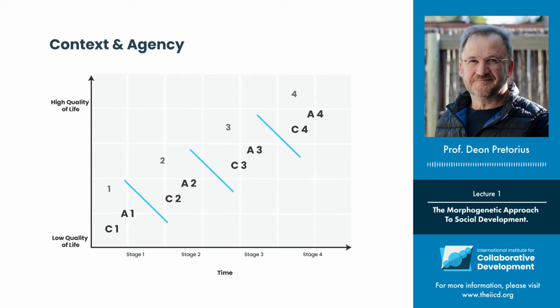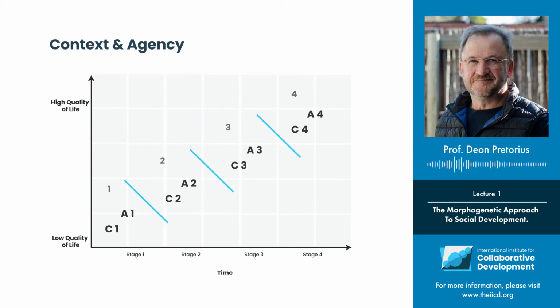If one presents this graphically, one can present it by way of a sequence of context and agency relationships, one following after the other, in which, for instance, C1 and A1 result in C2 and A2. These stages are not neat, linear, and predictable, but must be conceptualized as cumulative and staged for strategic and planning purposes.